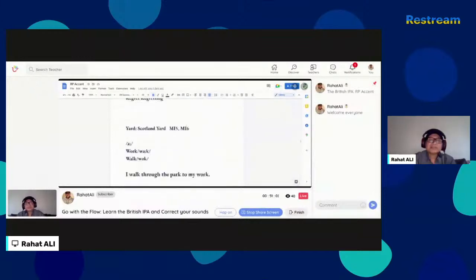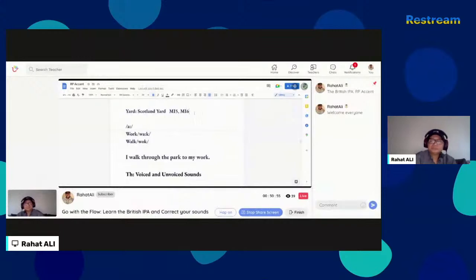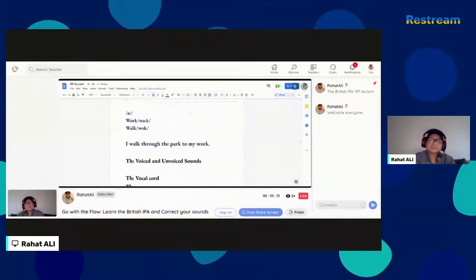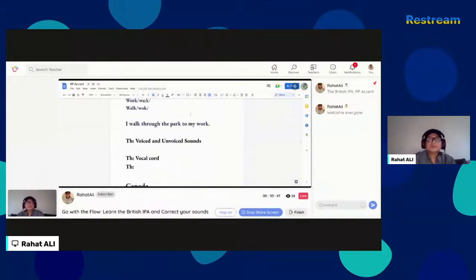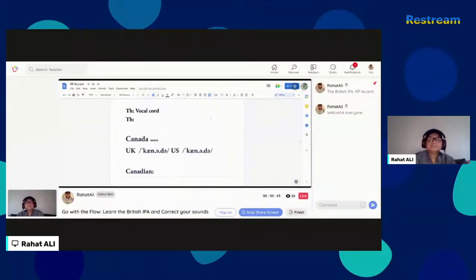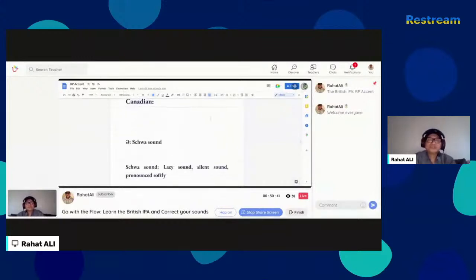Okay, that's a spelling technique. Schwa sound, yes.